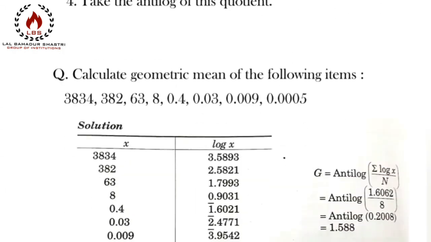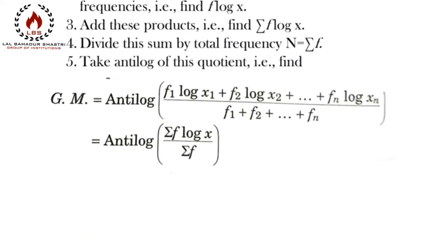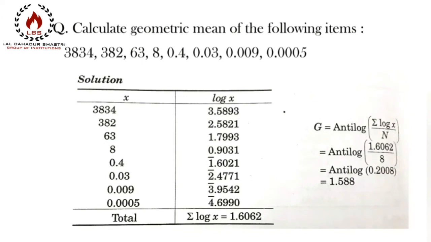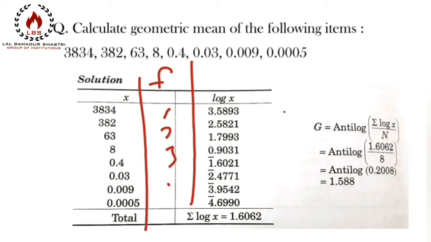In case of discrete series, the formula is nothing new. We only have to multiply the frequency with the logarithmic value. That is f1 multiplied by log x1, f2 multiplied by log x2, fn multiplied by log xn. So here one more column will be added, of frequency, that is 1, 2, 3, 4, whatever values we have, and then log x and f log x, f multiplied by log x.